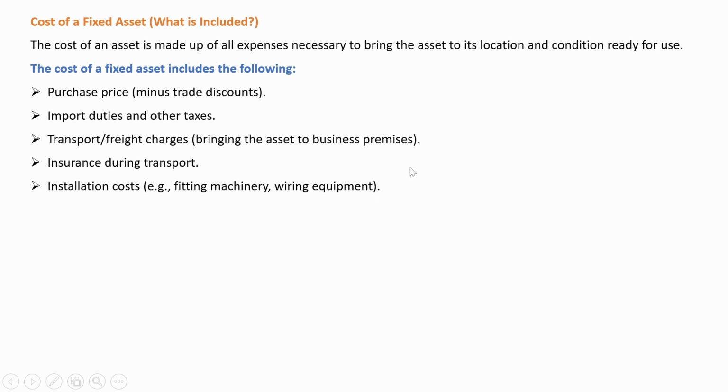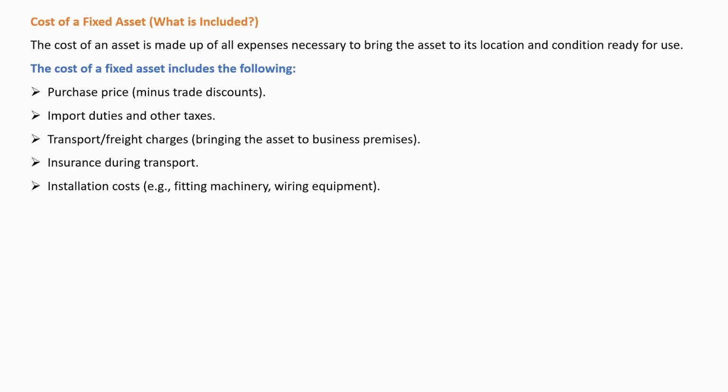All those expenses are being incurred before the asset starts to be used. In other words, they are necessary for the asset to become operational. You are supposed to add them to the purchase price, and the total is what you call the cost of that asset.